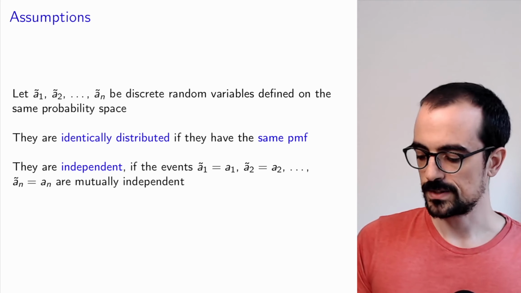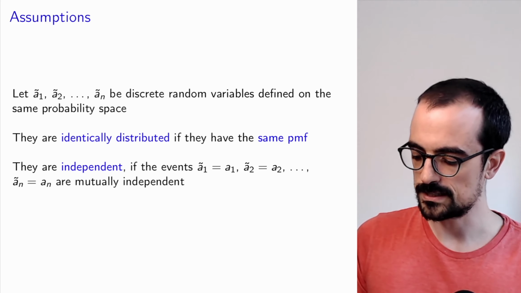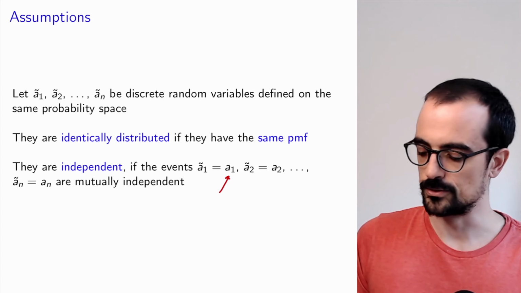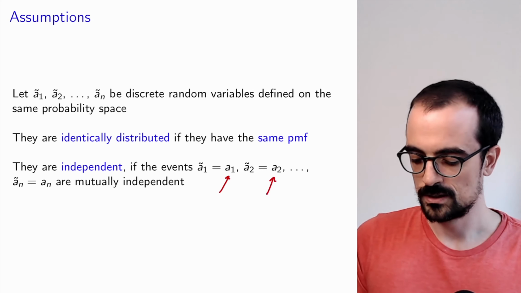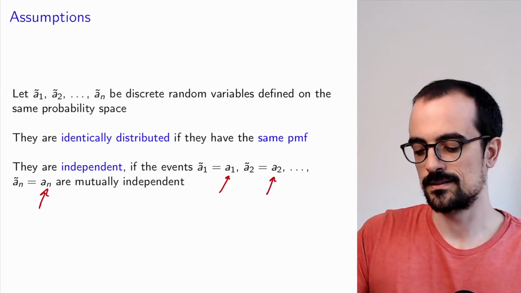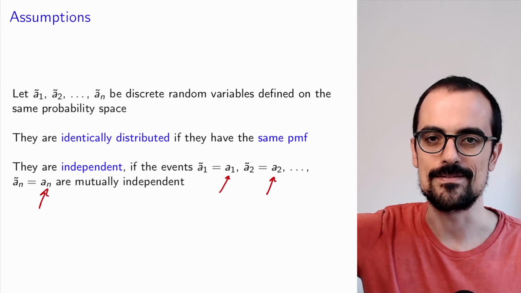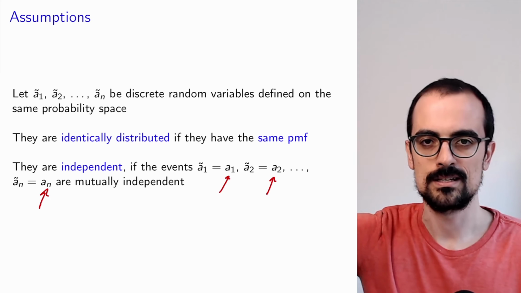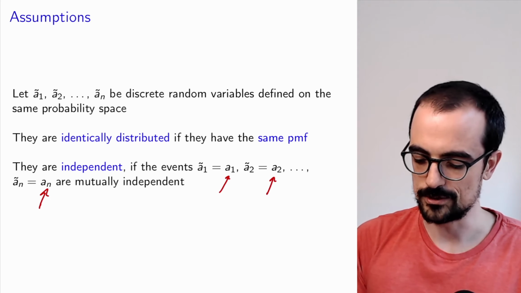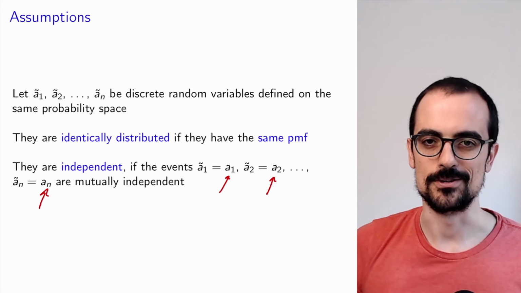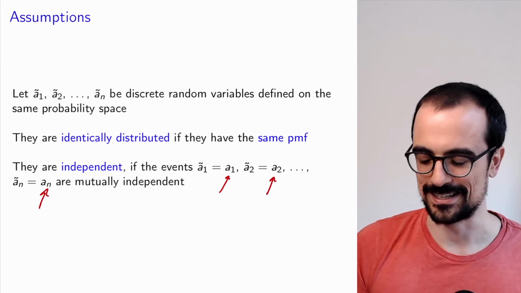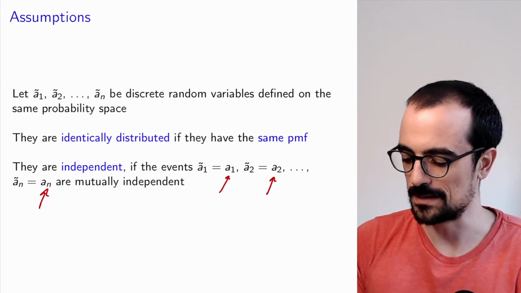What does that mean? It means that if I consider the event, the first data point is equal to some value, and the event, the second data point is equal to this other value, up to the event, the nth data point is equal to whatever value. I said value like 20 times here, but I think you see what I mean, right? There's one of these events for each of the data points.